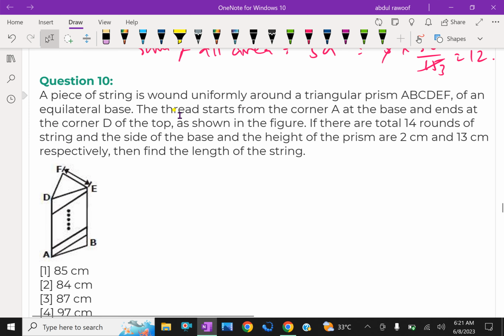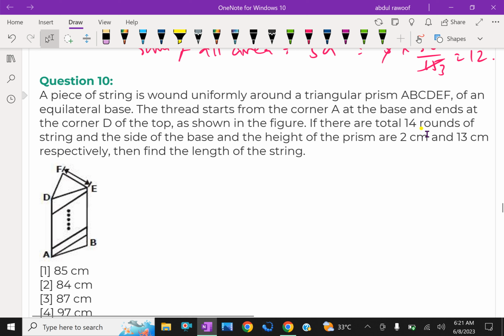A piece of string is wound uniformly around a triangular prism ABCDEF, a triangular prism with an equilateral triangle base. The thread starts from one corner A at the base and ends at the corner B on the top, as shown in the figure, going 3 faces round for one round.